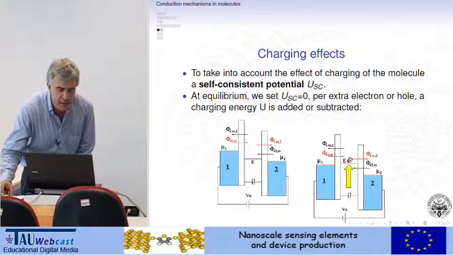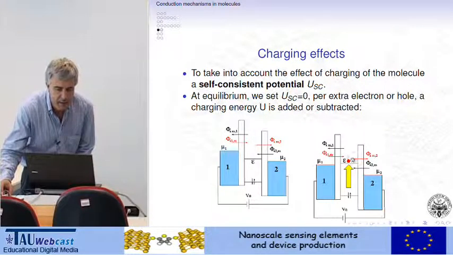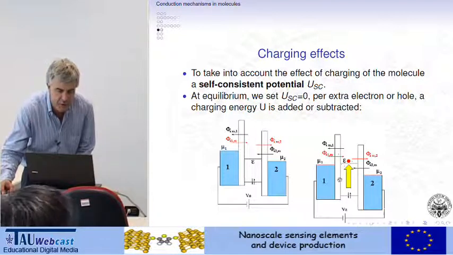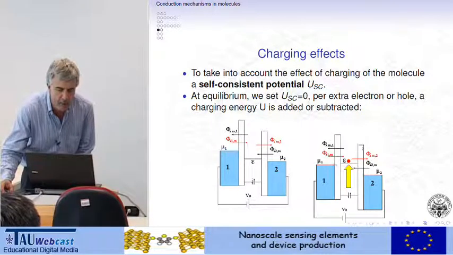The phenomenon is that when you move an electron from the electrode to the molecule, the quantity of charge in the molecule is changed, and this has a significant effect, because this electron can modify the energy of the level, the potential energy of the molecule, of the channel. When you have one electron traveling along the molecule, this electron contributes to the energy of the molecule itself.